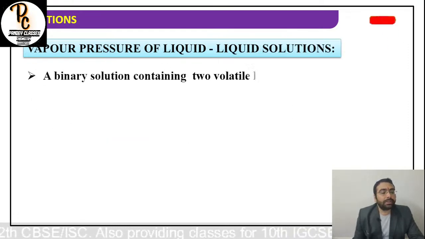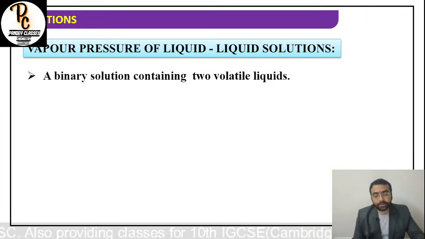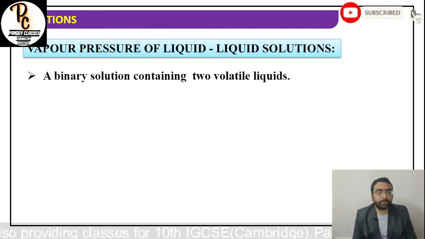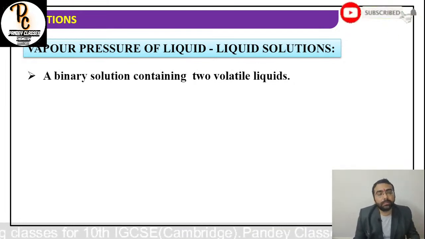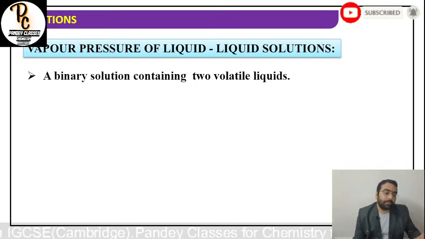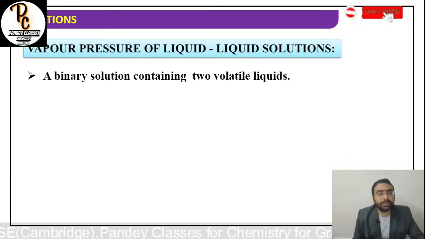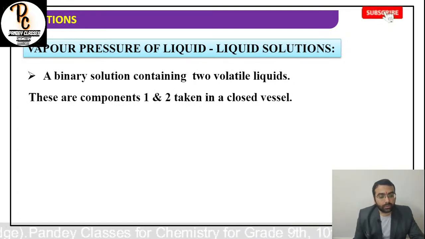A binary solution containing two volatile liquids. Remember here, binary solution means two components, and both the components are volatile in nature. Means both change into what? Both change into vapor. So in such cases, these components are taken as 1 and 2 in a closed vessel.